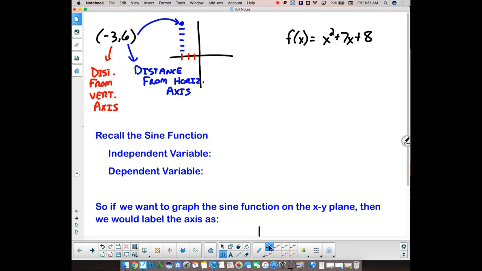X. What I put into the function, right? So my independent variable here is X. What's my dependent variable? Independent is what you put in. Dependent is what you get out. So what's my dependent variable then? F of X. Or we call it Y.